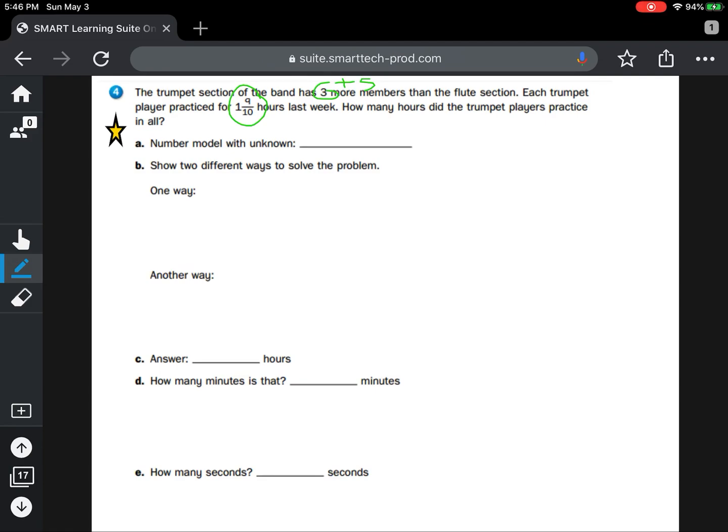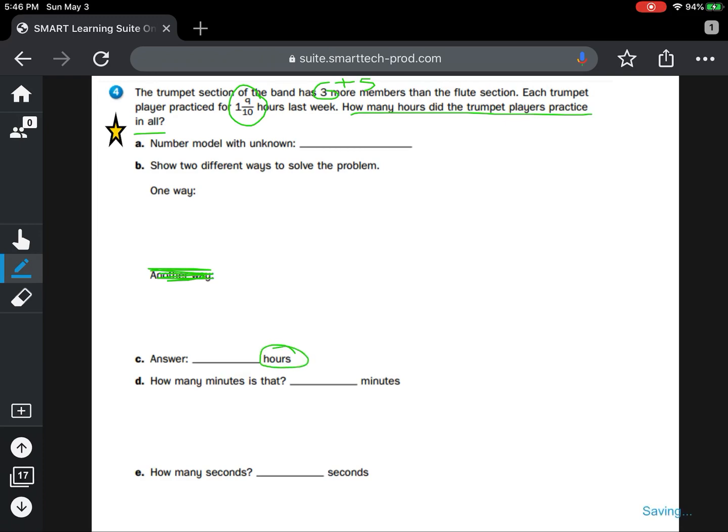So if there are 8 people in the trumpet section and each one plays for 1 9/10 hours, we want to know how many hours did the trumpet players practice in all. On part B, it says you need to do it 2 ways. You do not. You can mark out another way. Just do it one.